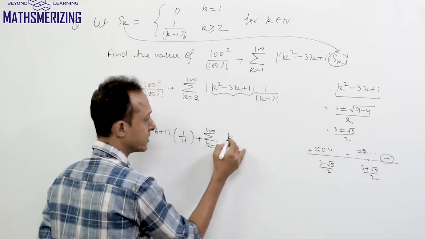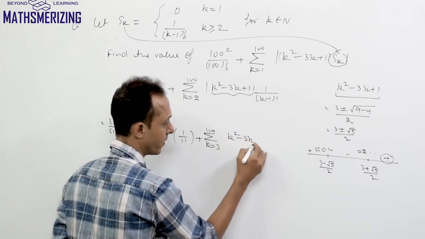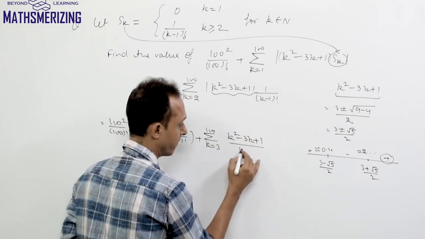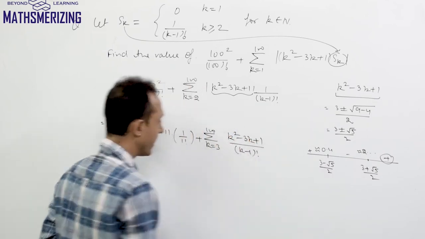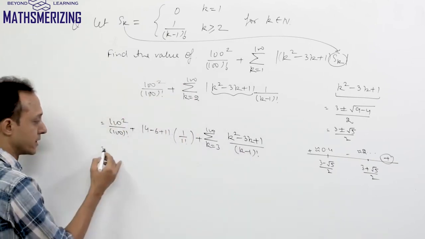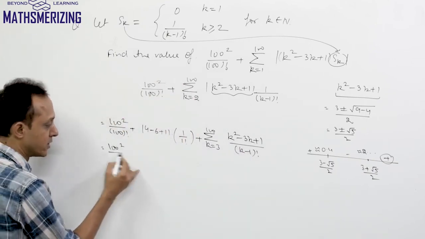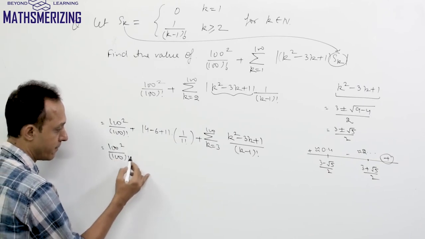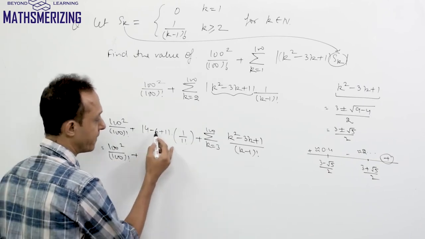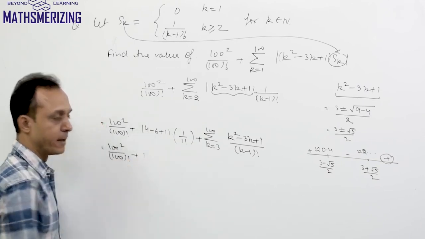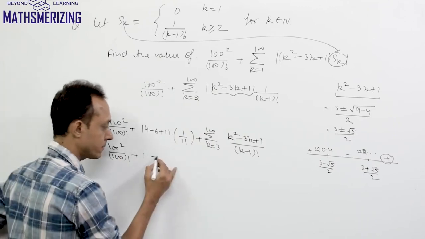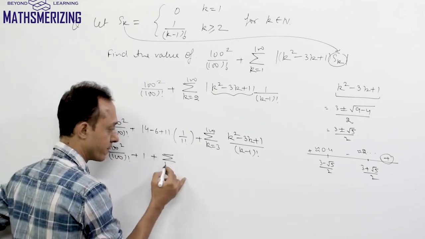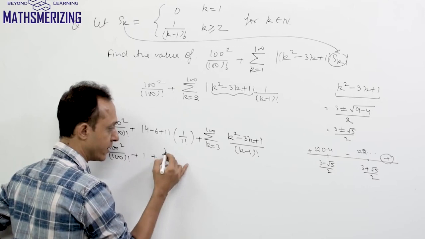So I'll simply write (k square minus 3k plus 1) upon factorial (k minus 1). So this is 100 square upon factorial 100 plus, now 5 minus 6 is 1, 1 upon factorial 1 is simply 1, and then plus, I'll write it as summation k equals 3 to 100.